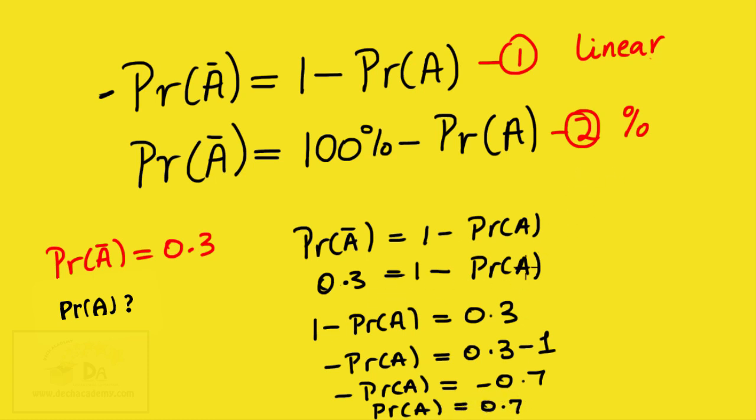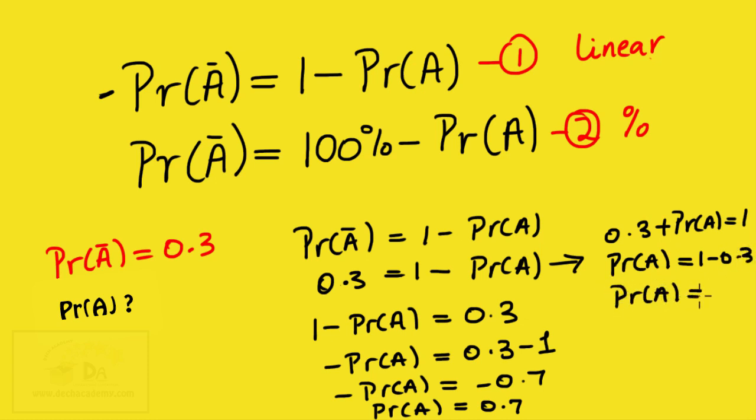Another way to solve this equation is to add the probability of A to both sides. So 0.3 plus P(A) is equal to 1. Then subtract 0.3 from both sides, and that gives P(A) equals 1 minus 0.3, which is 0.7.